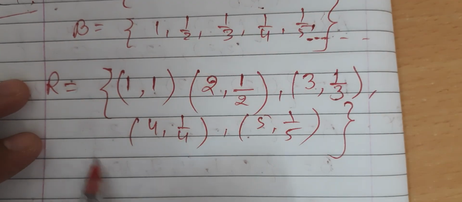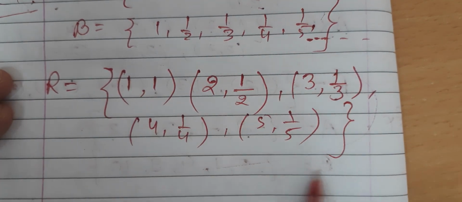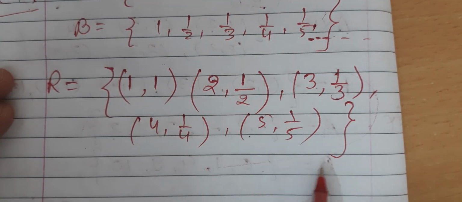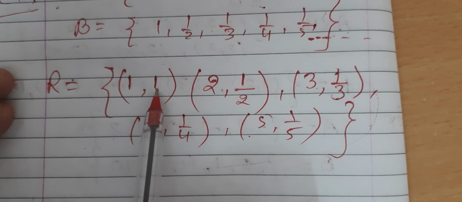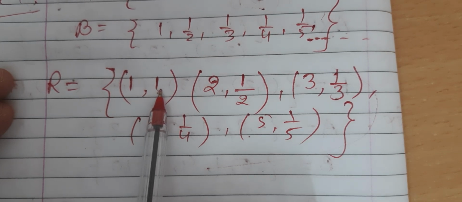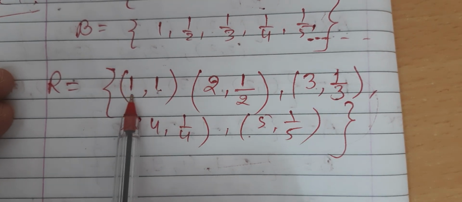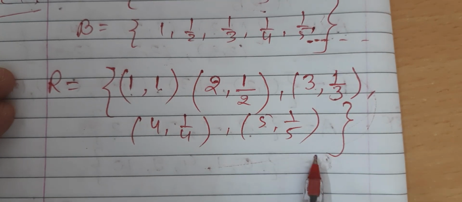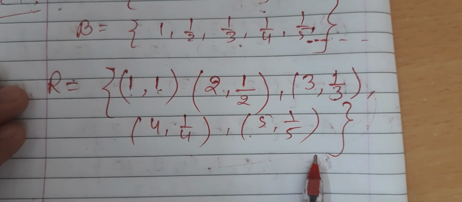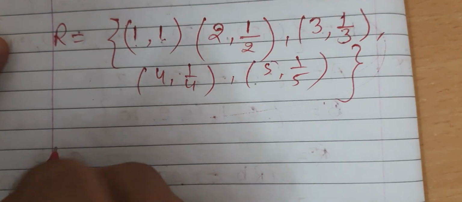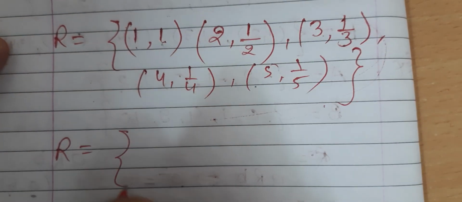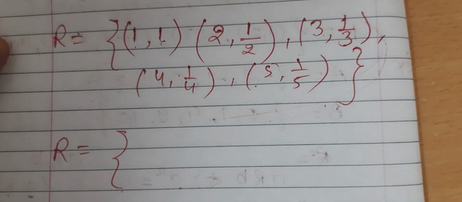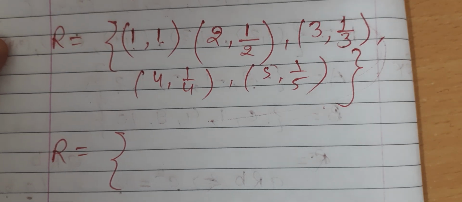So this form is a relation, and in this relation B is nothing but 1 by A. So this form is called roster form, but how to write this in set builder form? So in set builder form we'll write this relation. Set builder form means like in language or in symbol form.